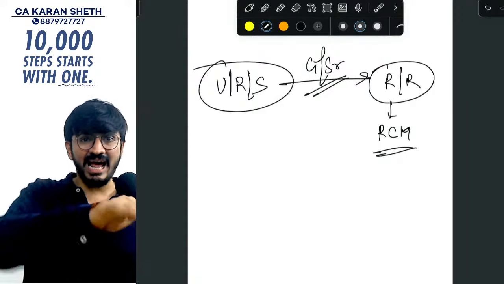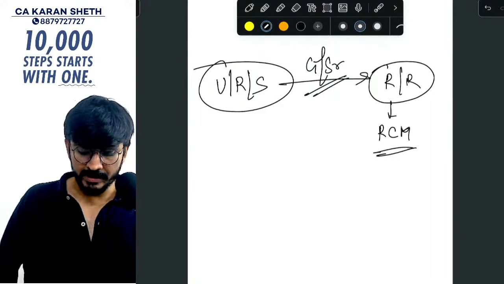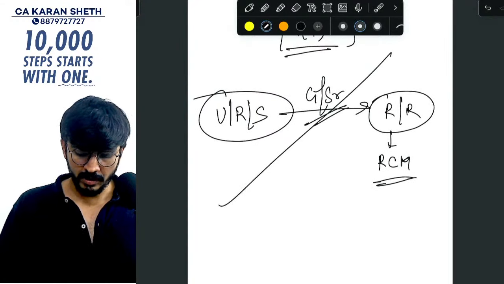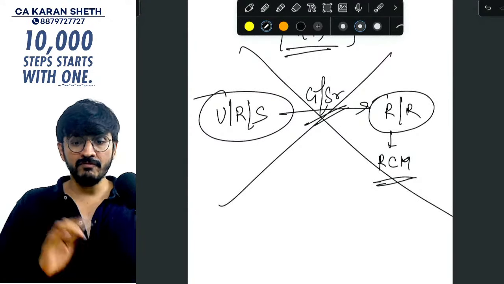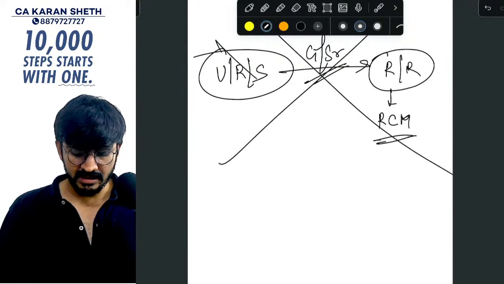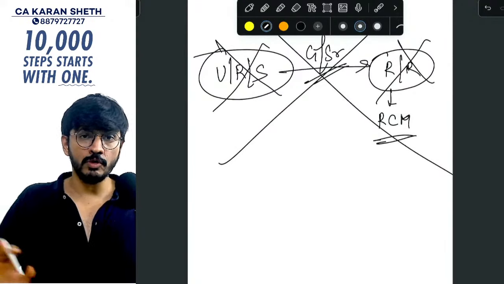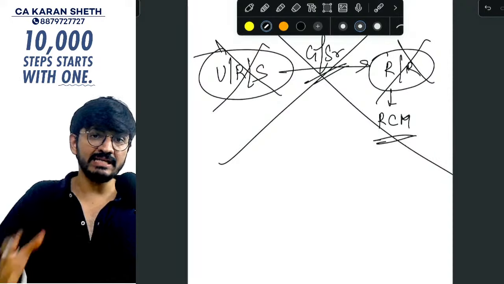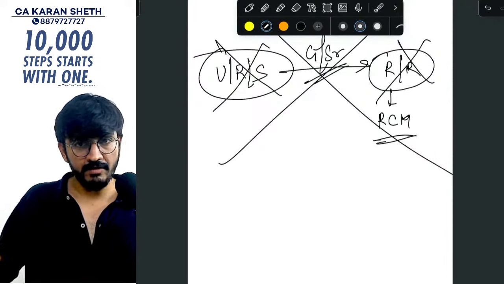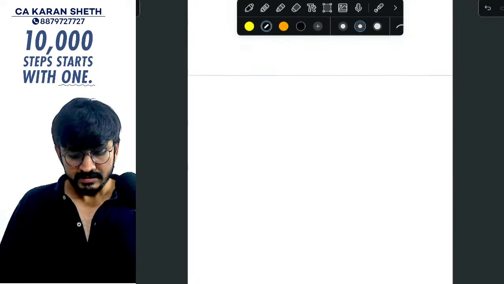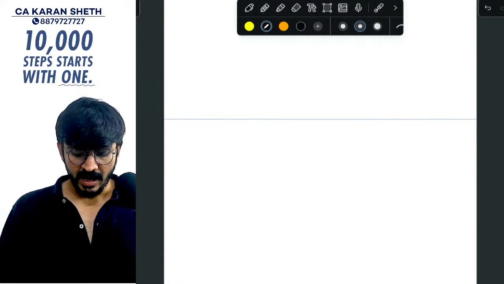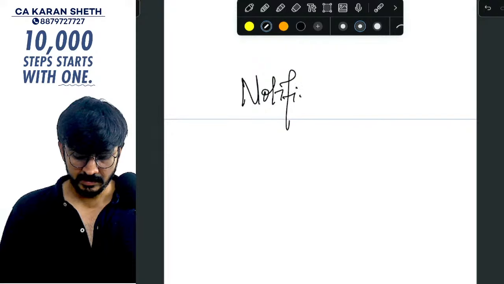So many RCM transactions, which is why the government finally said, okay, we are not going ahead with this. In this case, neither the supplier nor the recipient, no one is going to pay tax. We are going to defer 9 subsection 4. Fair enough? Yes.